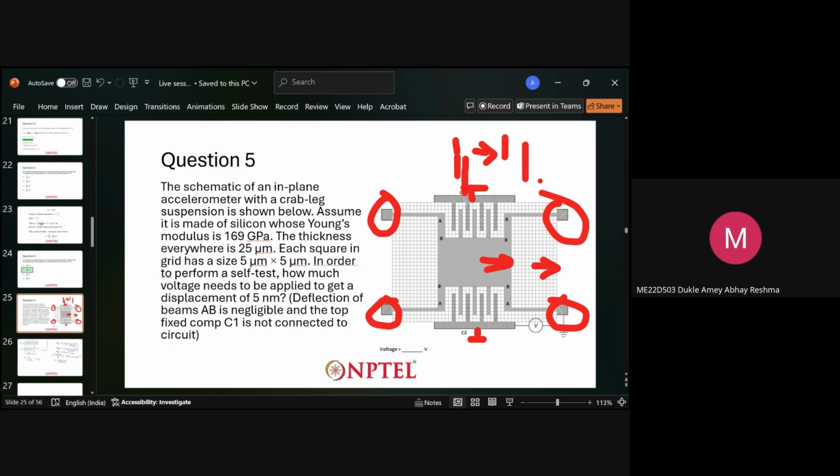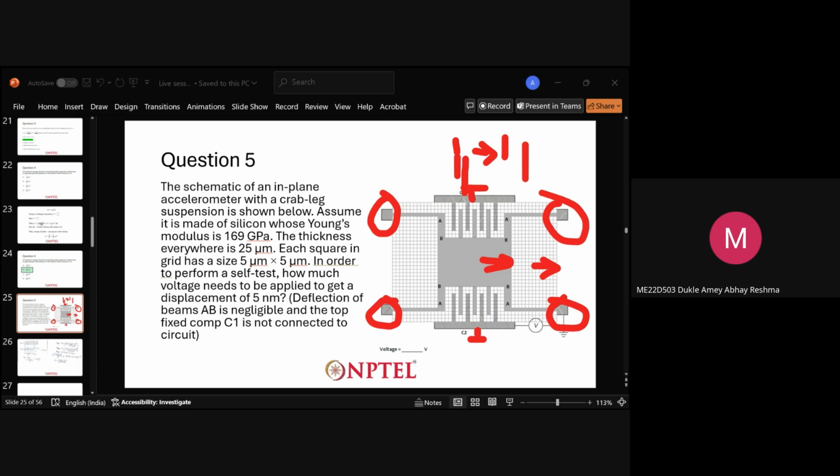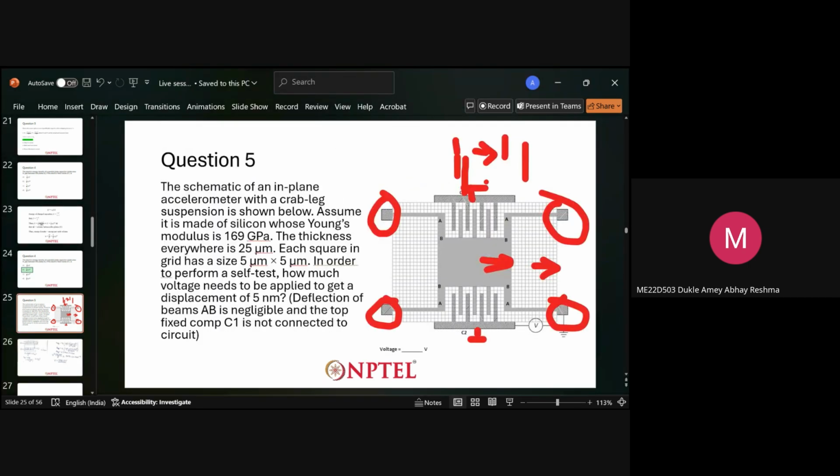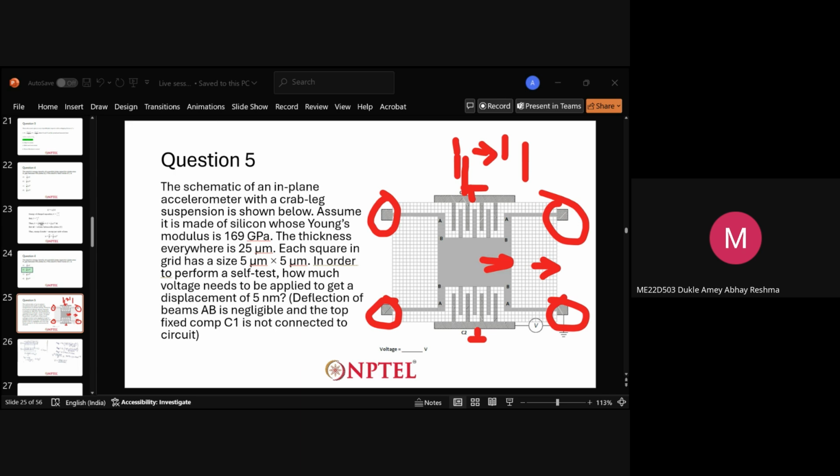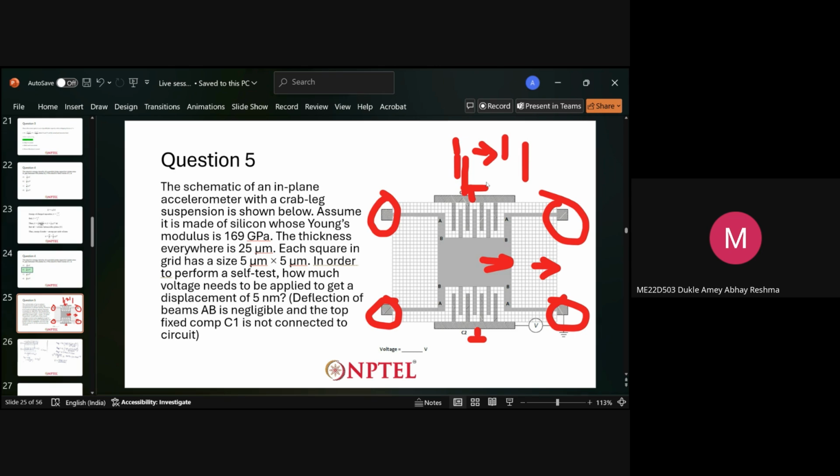In order to perform a self test, how much voltage needs to be applied to get a displacement of 5 nanometer? Deflected beams AB are neglected, and the top fixed component C1 is not connected to the circuit. Could you understand the question? Anyone has difficulty understanding the question?